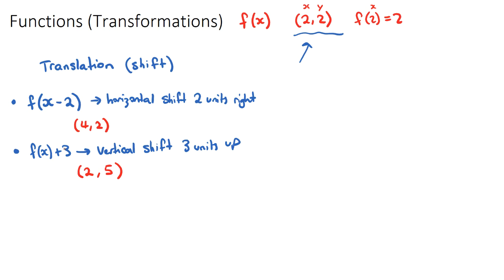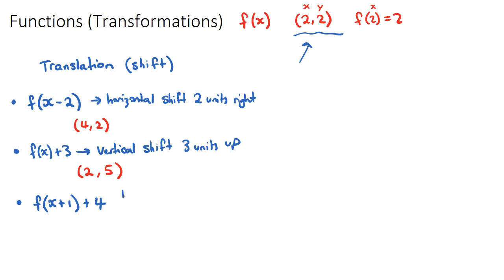Now you can have a question where they have both a horizontal and a vertical translation. For example, f(x + 1) + 4. This is the horizontal translation, this is the vertical. So this will have 2 translations.